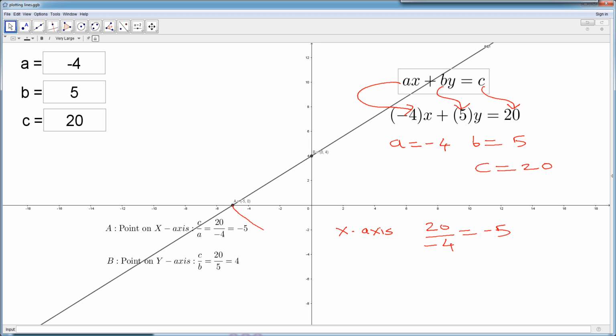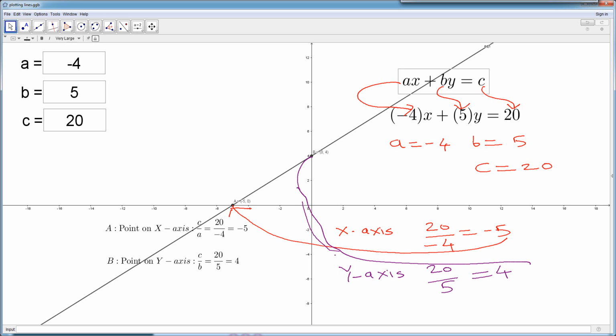So thus we have obtained one point on the x-axis. Now the point on the y-axis is given by c upon b, which is 20 upon 5 and it is equal to 4, and it is a point on the y-axis, that is the vertical axis. So thus we have obtained a point on the y-axis.